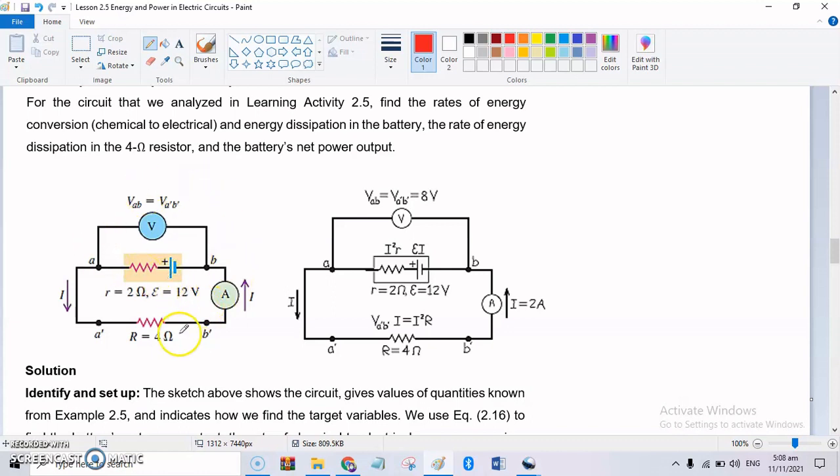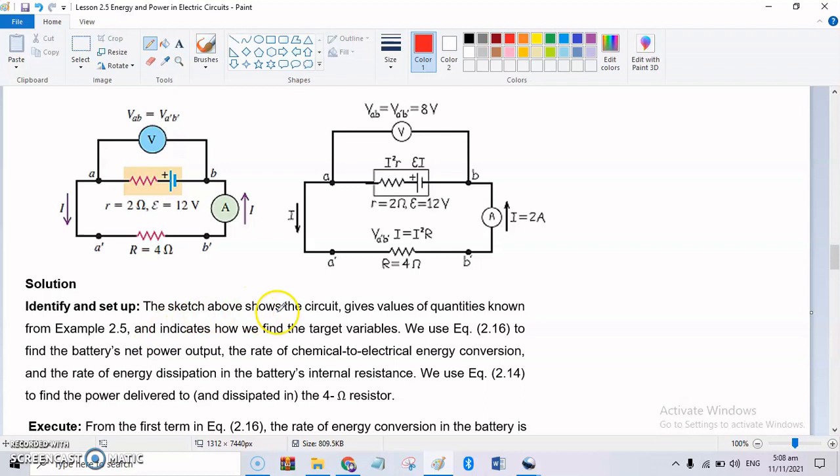So from the previous problem, this is a similar figure. Now, the sketch above shows the circuit, gives values of quantities known from example 2.5, and indicates how we find the target variables.